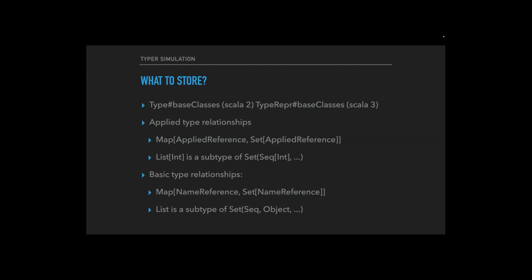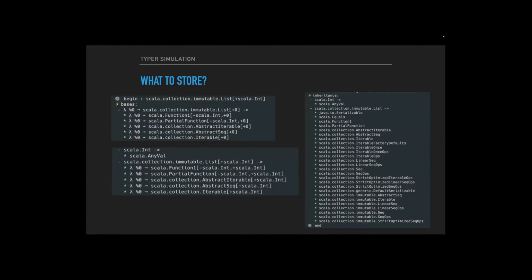And such relationships are very, very odd from the Scala point of view, but they are truly useful for the purpose of subtype checking in our simulator. So that's what we need to store for a tag of a list applied to an integer.